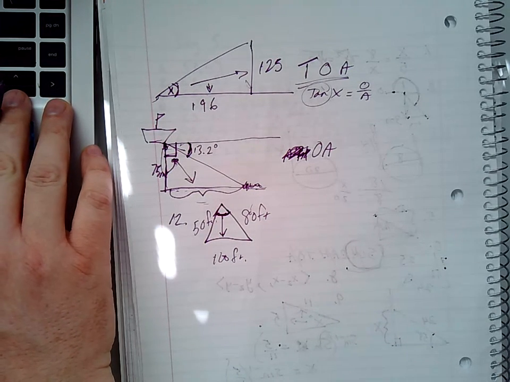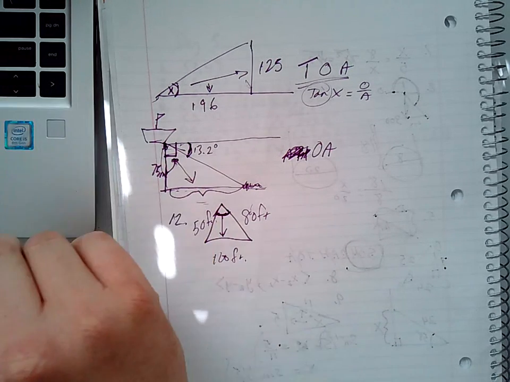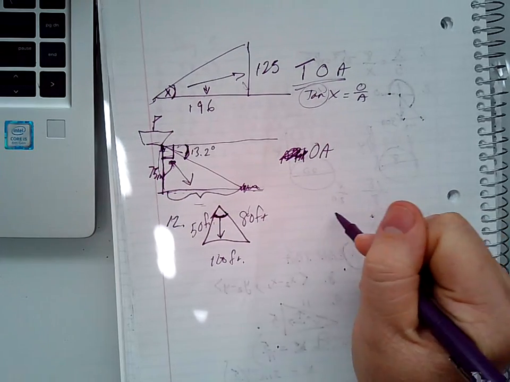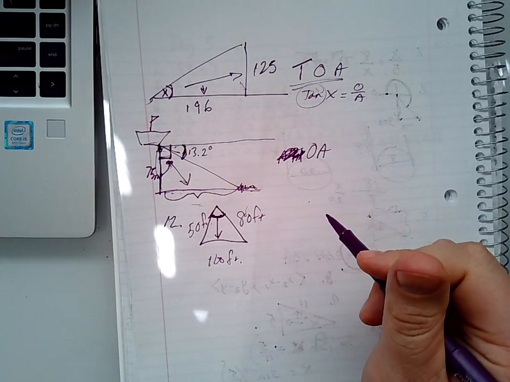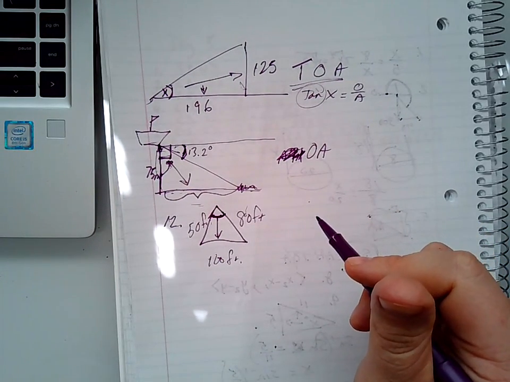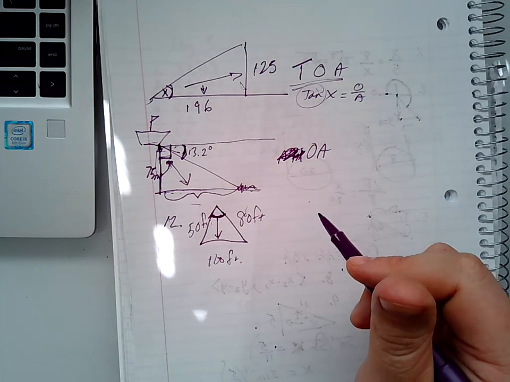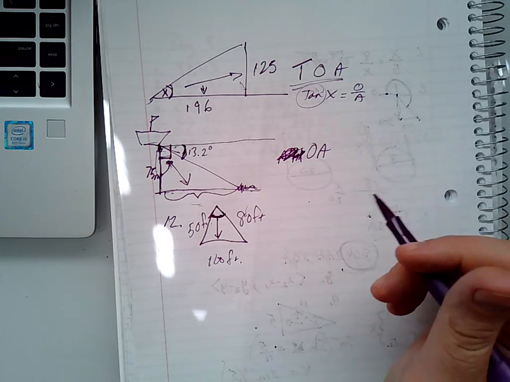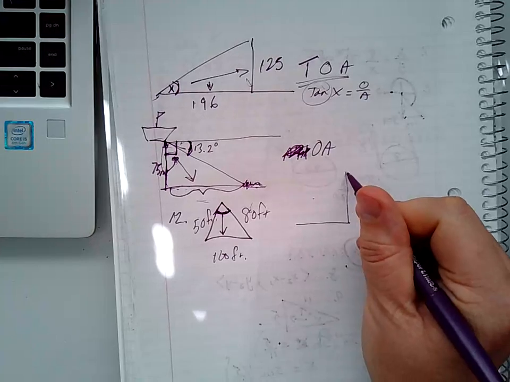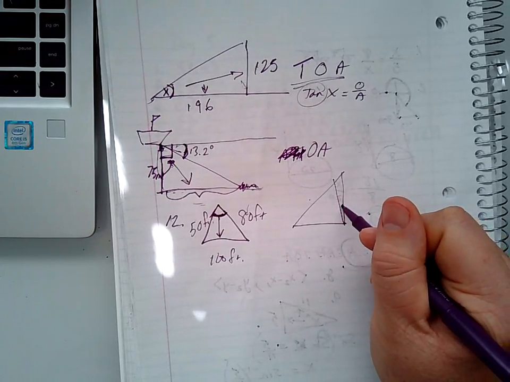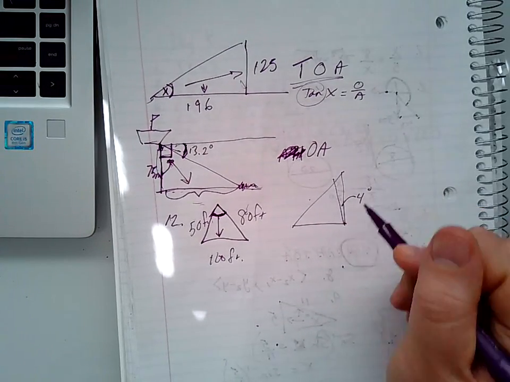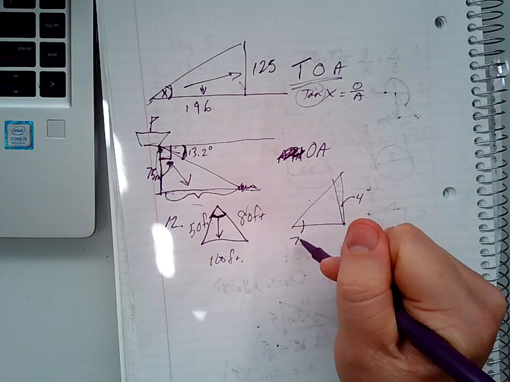Number 13, when the sun's angle of elevation is 76 degrees, we know this is angle of elevation, and it draws a picture for us, great. A tree tilted at an angle of 4 degrees is, so this is 4 degrees, this is 76 degrees.